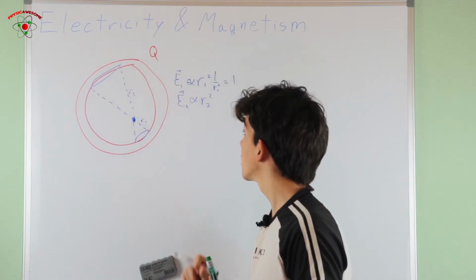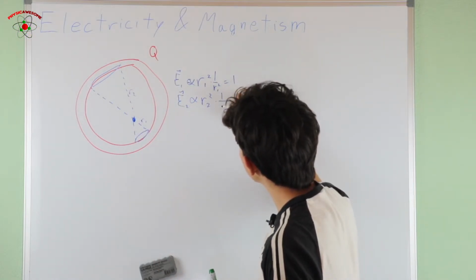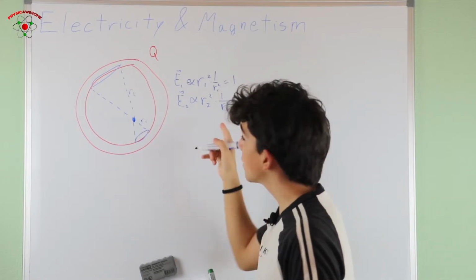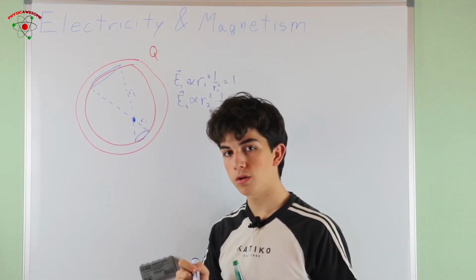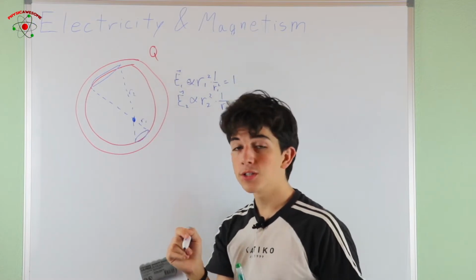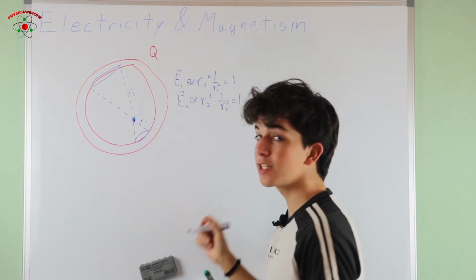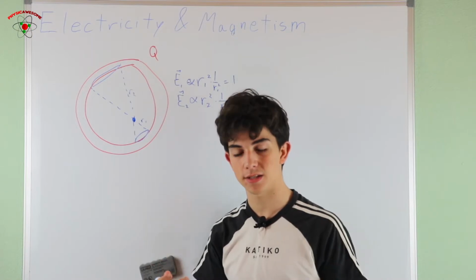However, that electric field is going to have its intensity reduced by a factor of r2 squared in a similar manner. So it's really just going to be 1. It's not going to be proportional to distance.